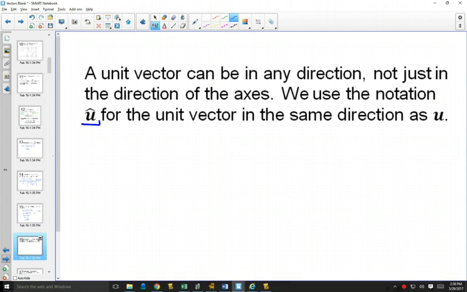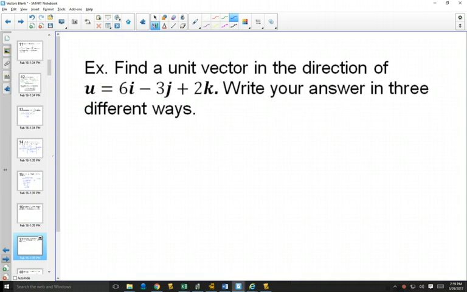So here's some new notation for the unit vector, with a little hat over top. We use that as notation that it has the same direction, but its length is only 1. So here we have 6, 3, 2. We already figured out that the length of u from before was 7.